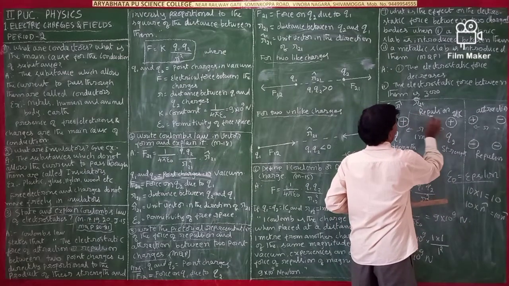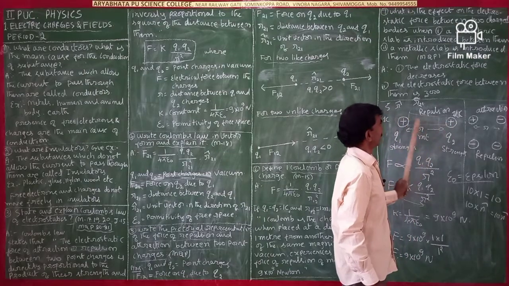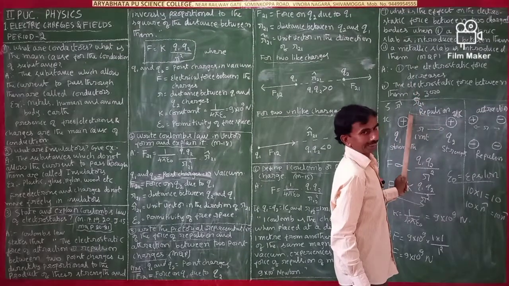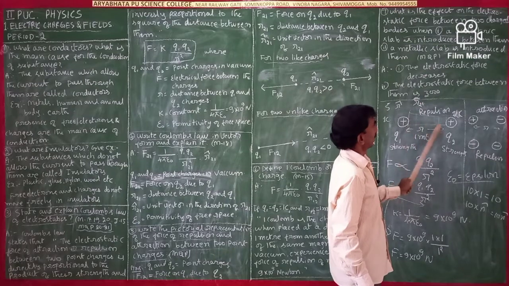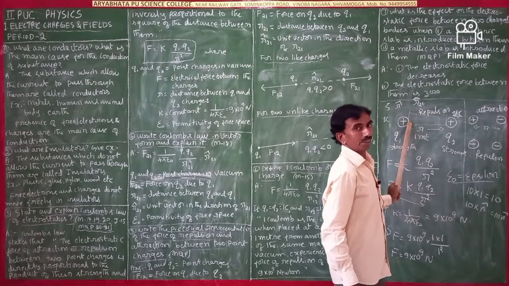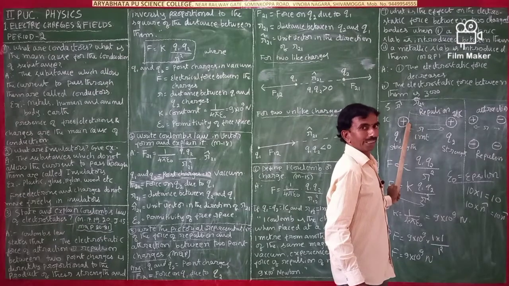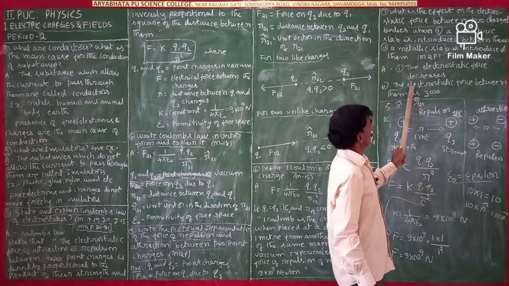If a dielectric slab, such as wood or plastic, is in between them, then the electrical force decreases. Slab means plastic or wood, that is any insulator, in between them, then the force decreases.